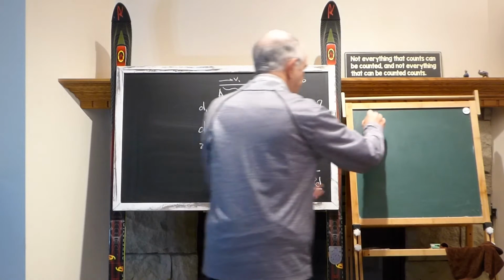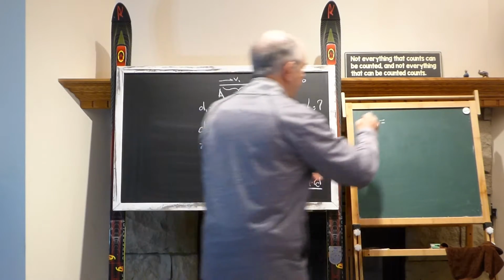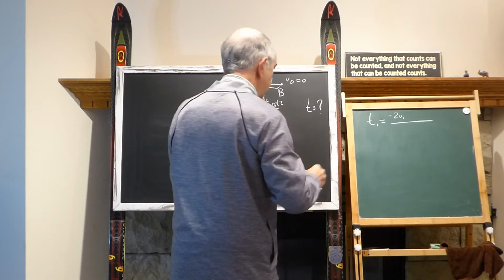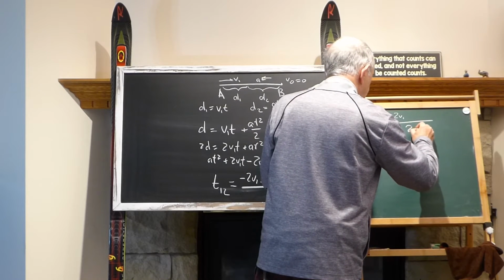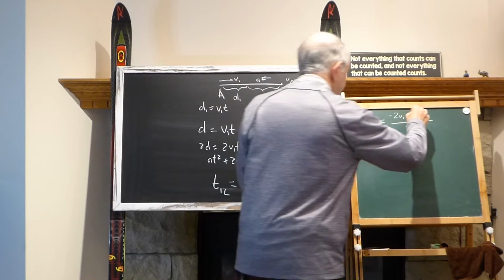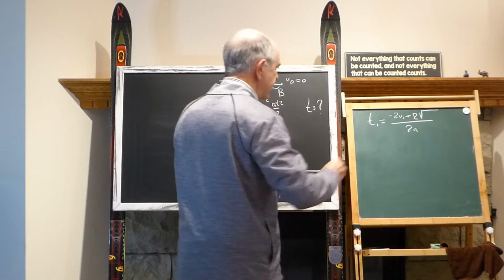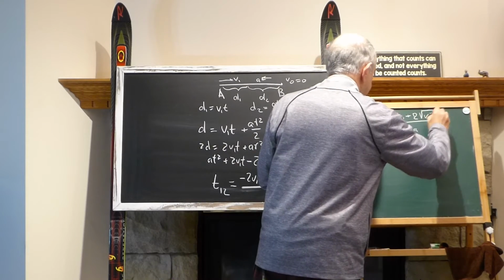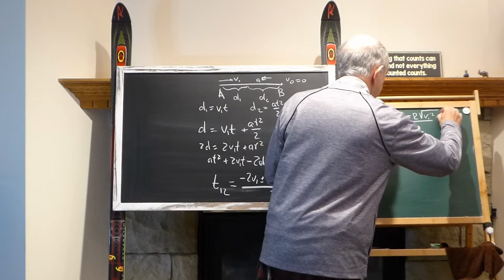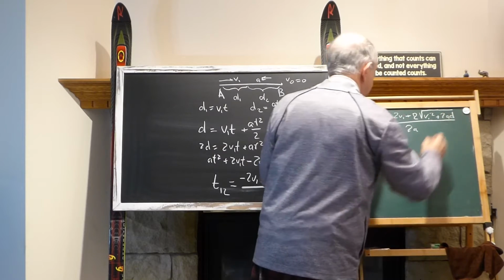So we can write t1 equals minus 2v1 divided by 2a plus, and I can take out the square root of 4, which is 2, v1 squared plus 2ad, and this is the formula.